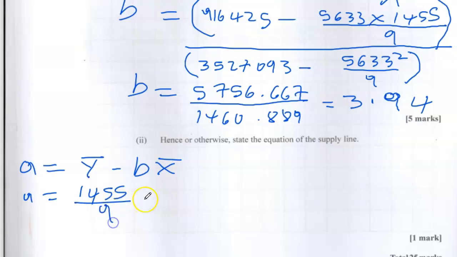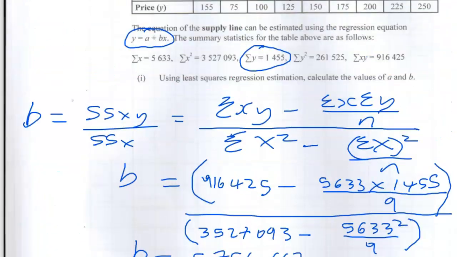Minus b, which is 3.94, times x bar. X bar is the x average, so it's the sum of x, 5633, divided by 9.